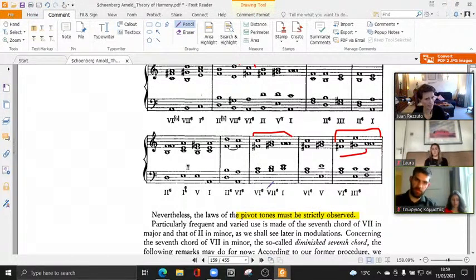Especially the last one is very surprising. For a cadence, it is heard almost as, I don't know, maybe you disagree with me, and then it will be perfectly fine, as a deceptive cadence. It behaves like a deceptive cadence. And it's not.